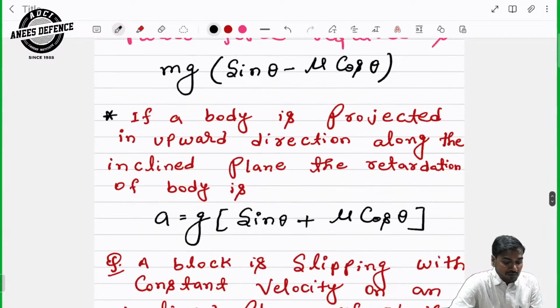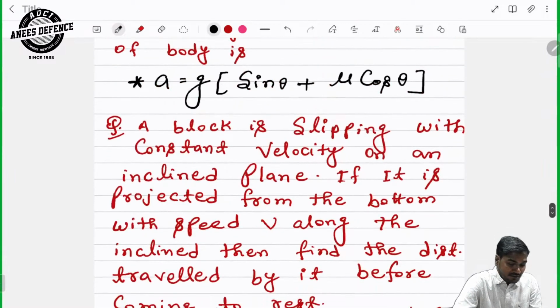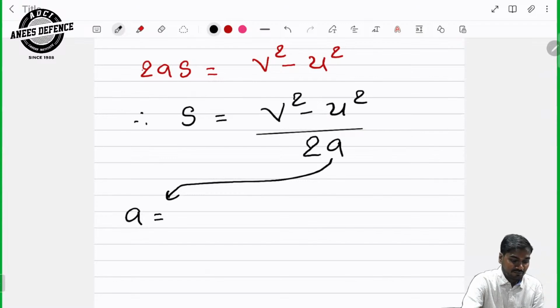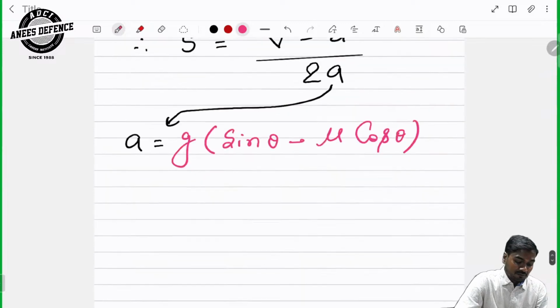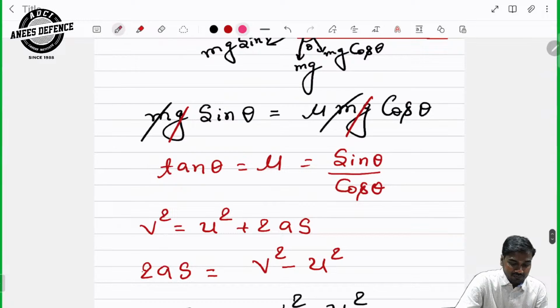In case of upward motion, acceleration is g into sin theta plus mu cos theta. So first calculate a and put the value. a is equal to g into (sin theta plus mu cos theta); you have to take the plus sign.